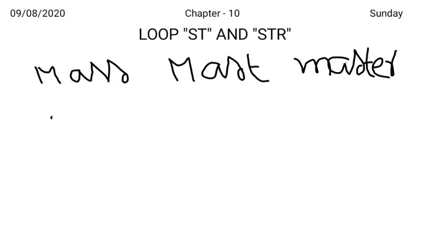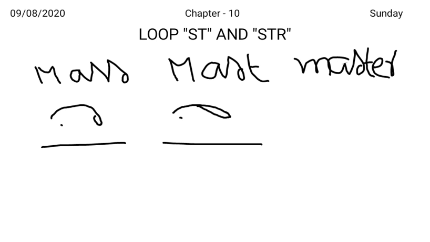Mass. S is represented by a circle. ST is represented by joining a loop extending to half the length of the stroke, mast. Now, after M, here STR sound is there. STR is represented by writing a loop extending to two-thirds of the length of the stroke to which it is attached.